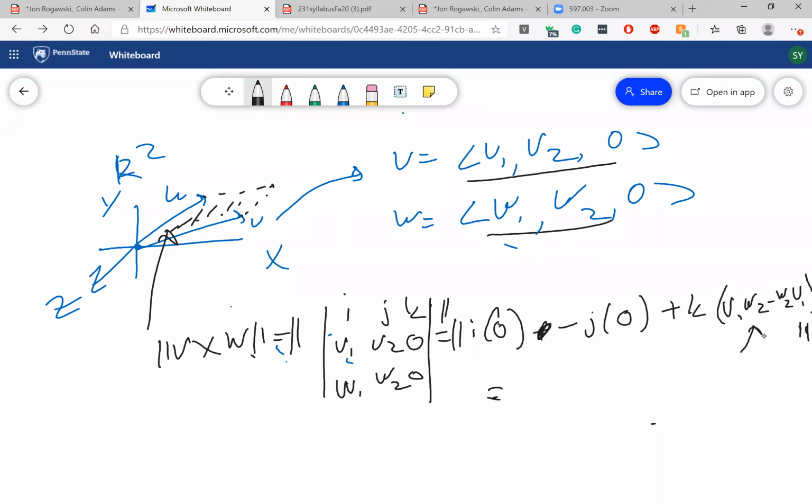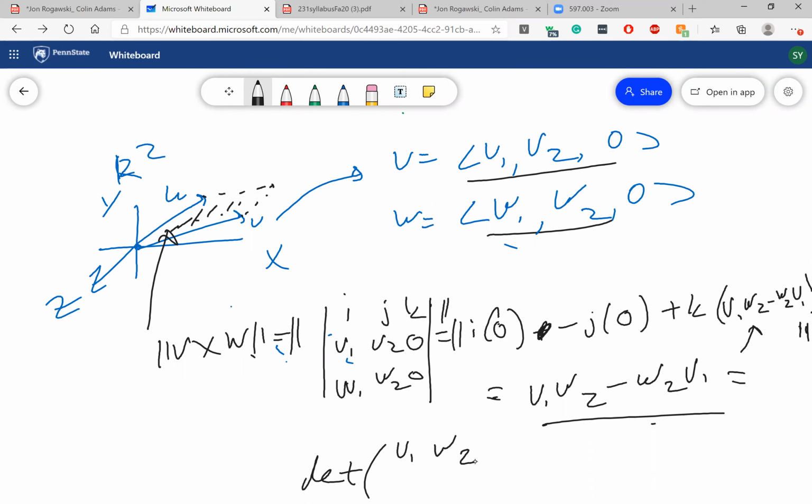So now the magnitude of this thing is going to be equal to V1 W2 minus W2 V1, right? And we square this and we take the square root, so we're left with this. So that's going to be our area. And notice that this is the same as the determinant of V1 W2 W2 V1.